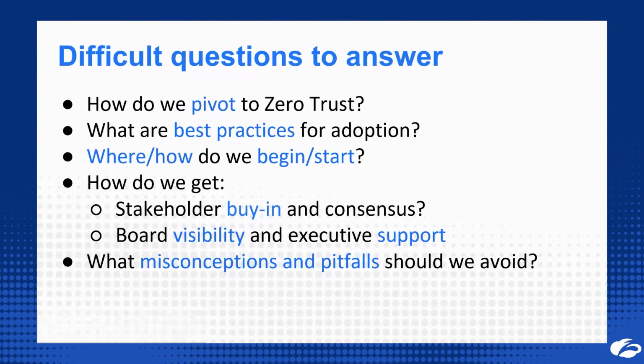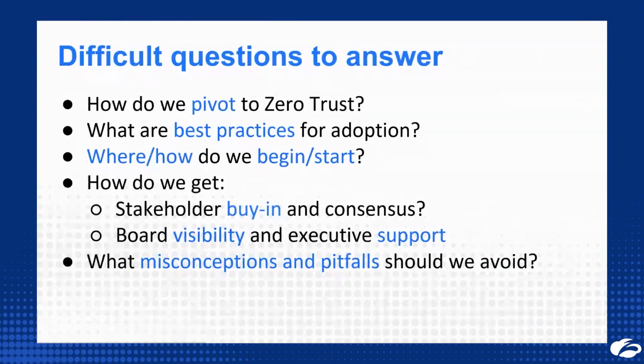And NIST 207 is not exactly a how-to manual. It is not a paint by colors. It's not a step-by-step instructional. So our goal today is really to understand how we can translate NIST 207 and Zero Trust methodologies into actionable best practices. So how can practitioners in the field adopt these things? So what we're going to attempt to do today is to answer difficult questions.